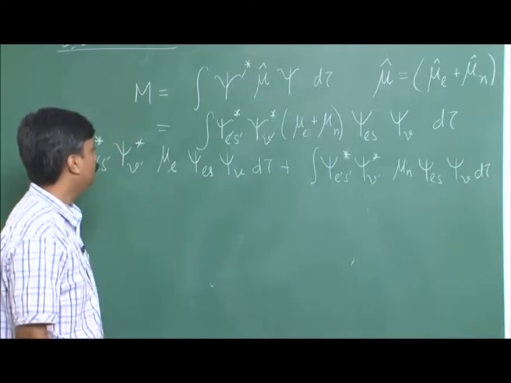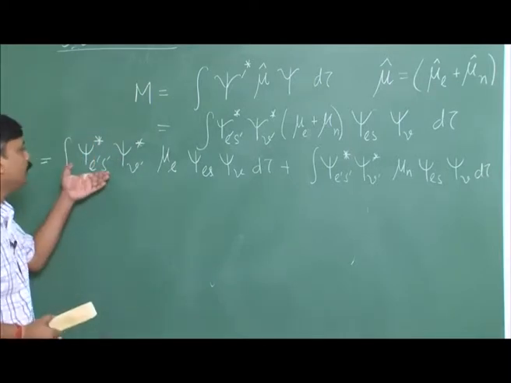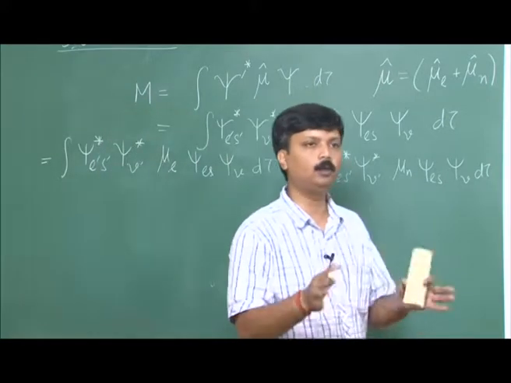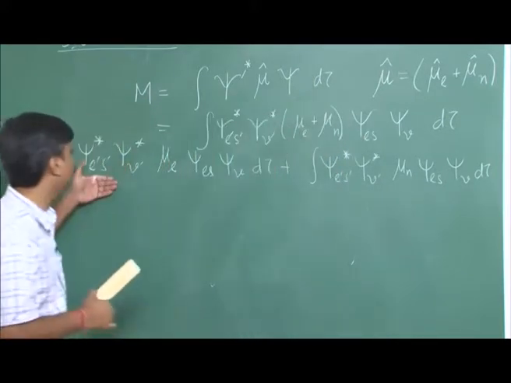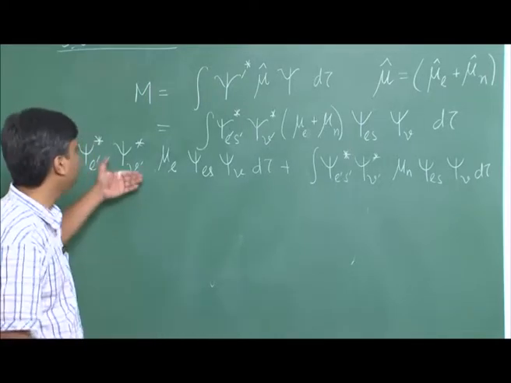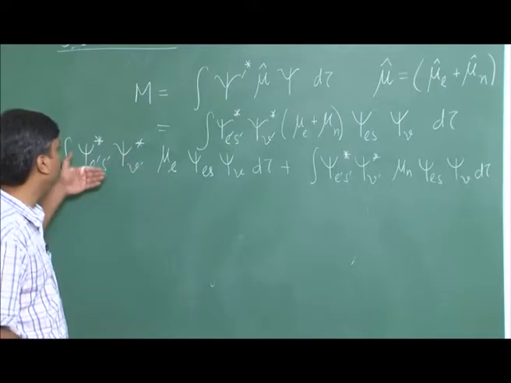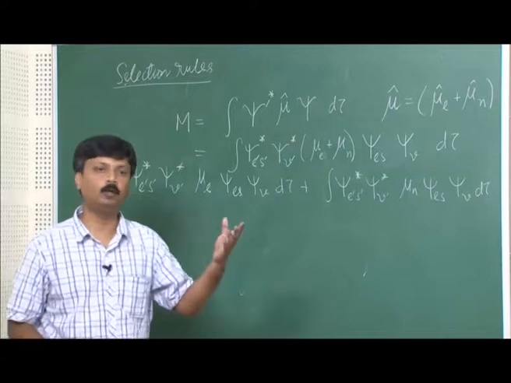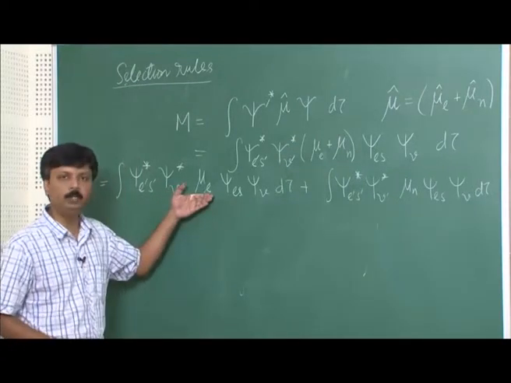Okay. So here this electronic motion and vibrational motion, I can decouple them, because one depends on the electronic coordinate, and the other one, the vibration, which depends on nuclear coordinate, has nothing to do with this mu E operator.